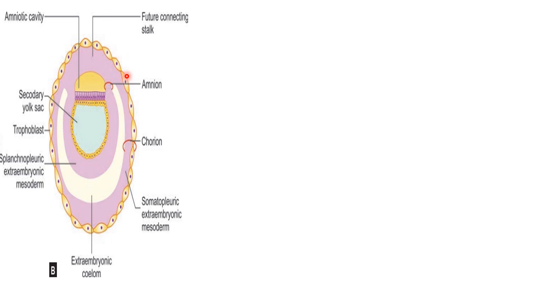So now the next stage I'm going to be describing is the process of gastrulation. Gastrulation is the process where the bilaminar germ disc, which contains the epiblast and the hypoblast, will be converted into a trilaminar disc, which contains the ectoderm, mesoderm, and the endoderm.